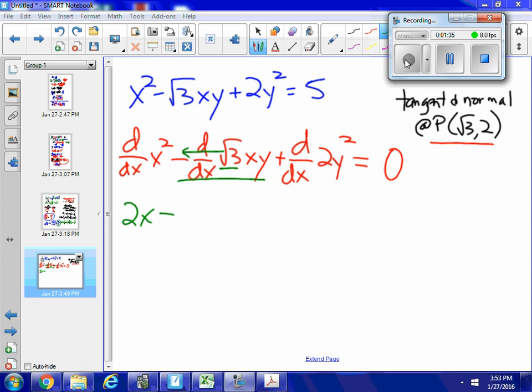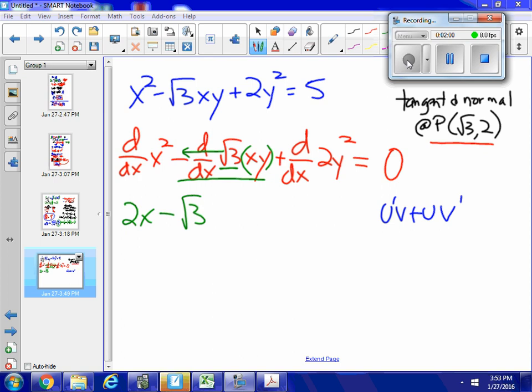It's radical 3 times the derivative of that piece, which is a product. I'm going to write the product rule right over here: u'v plus uv'.